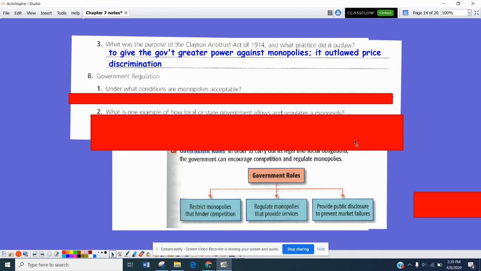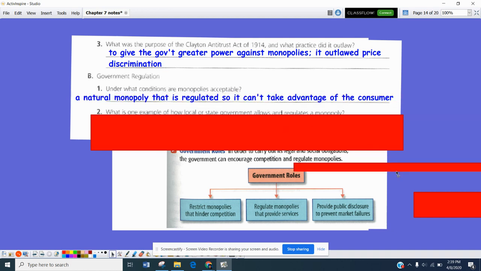Anyway, government regulations. Under what conditions are monopolies acceptable? Natural monopolies, for the most part, are okay, as long as they are regulated so that they can't take advantage of the consumer. So if there is no other competition out there, meaning you have a business or some type of company that has come up with this idea or maybe has technology that no one else has, as long as they're not allowing the customer to be taken advantage of, the government is probably going to allow that monopoly to exist.